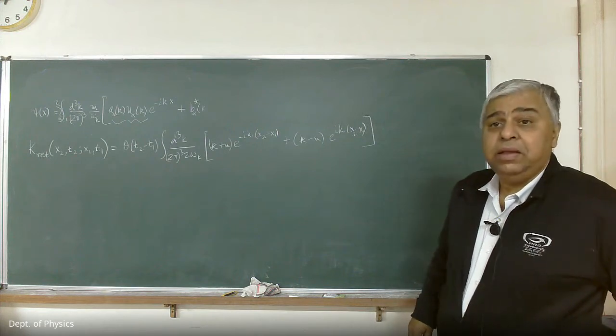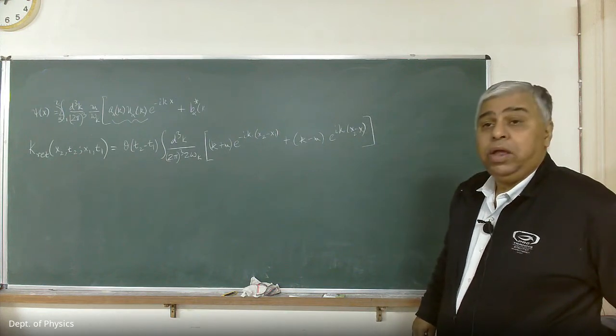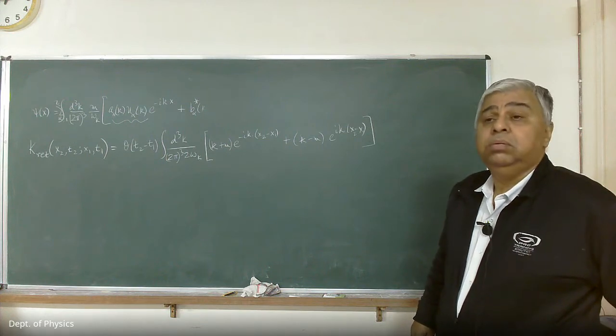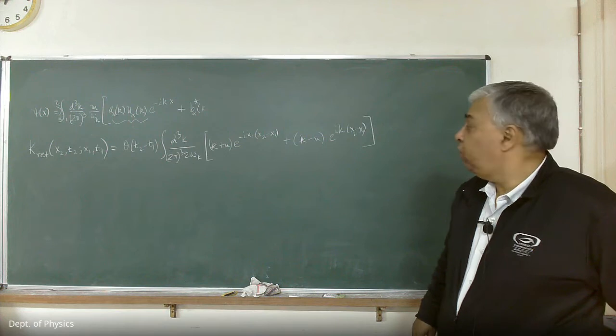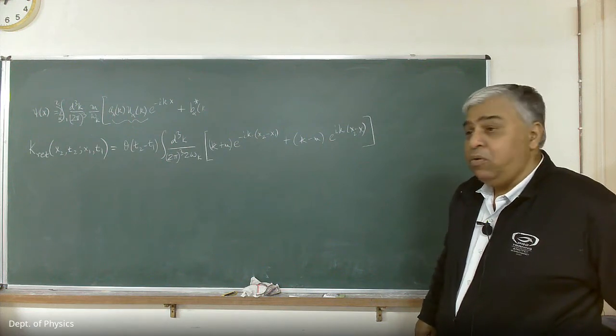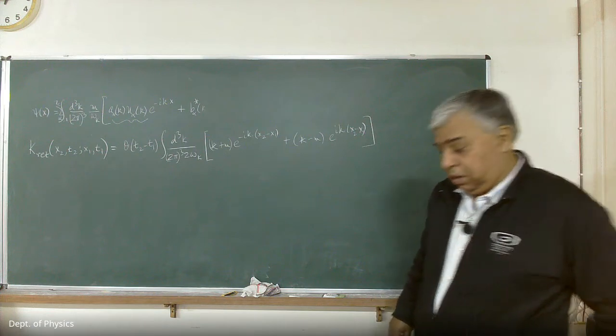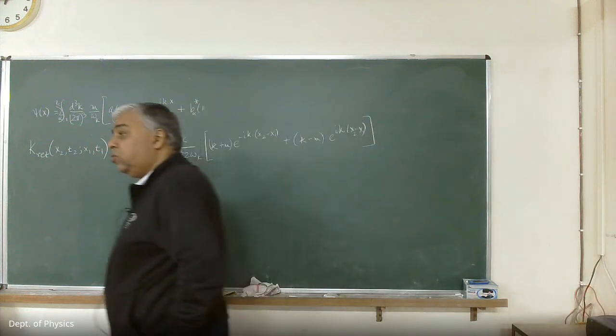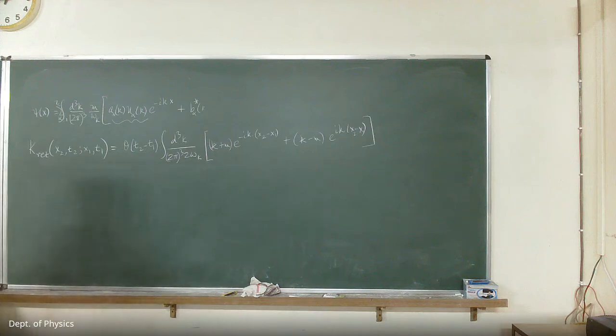So the next step, I said that I need to take into account the hole theory, especially for negative energy solutions, and I found that the disappearance of a negative energy electron will be perceived by us as the appearance of a positron, a positive energy positron, and the appearance of a negative energy electron will be perceived by us as the annihilation of a positron, a positive energy positron, right?